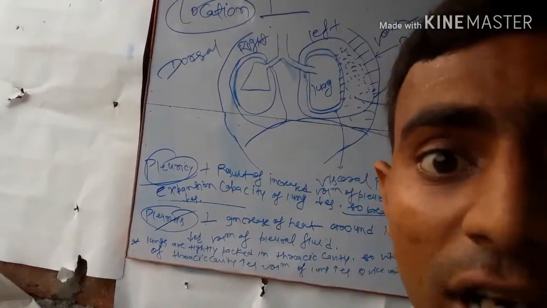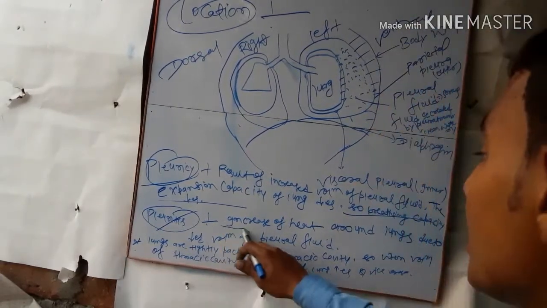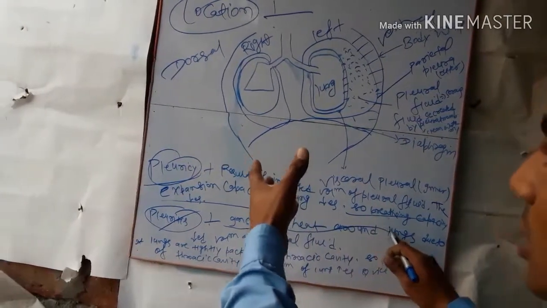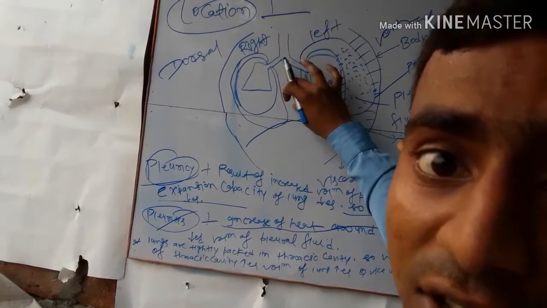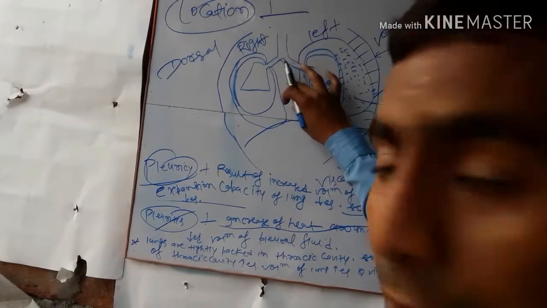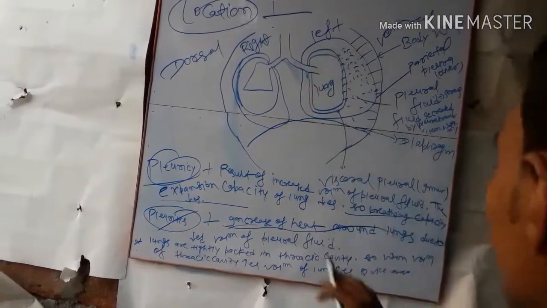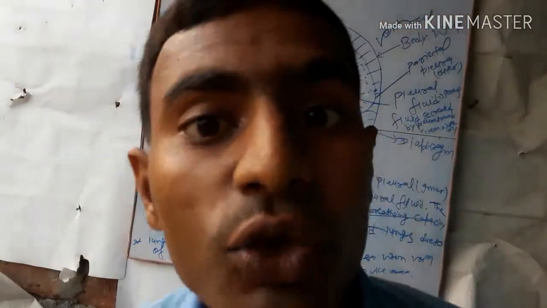Itis means inflammation, and inflammation means increase of heat. Here, there is increased heat around the lungs due to decreased volume of pleural fluid.